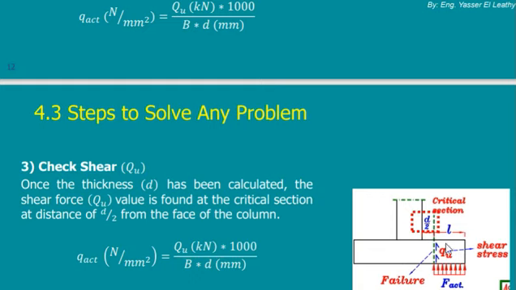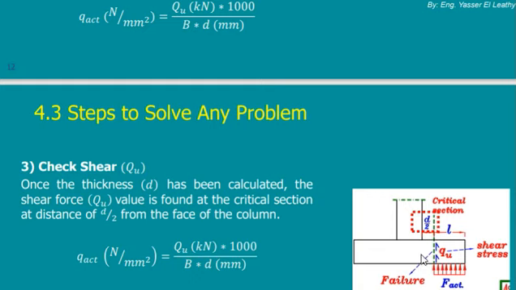So now I calculate the amount of load that wants to shear the section. The amount of load is the actual stress here multiplied by this area. So I get the load. I take this load and divide it by the area that tries to prevent it from shearing.